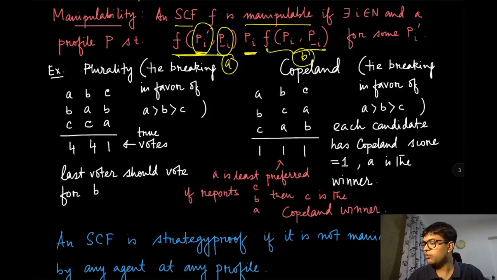So when we are talking about manipulability, let's look at some examples of how some of these known voting rules can be manipulated. So again, the usual suspect is plurality.